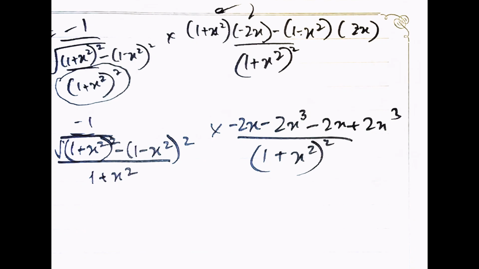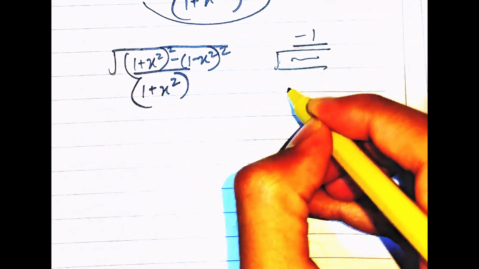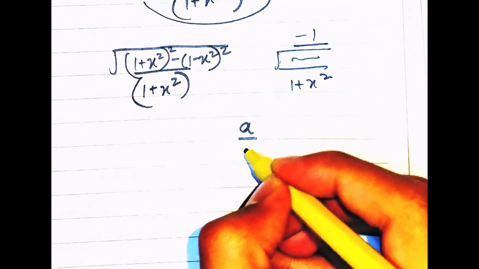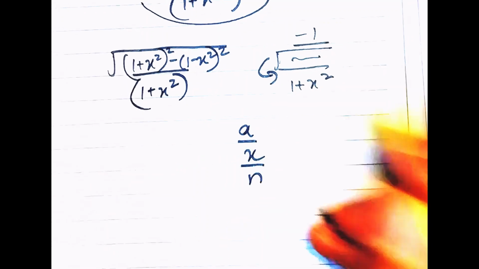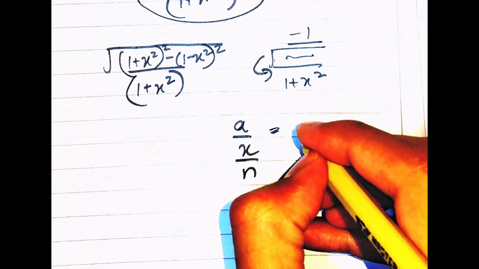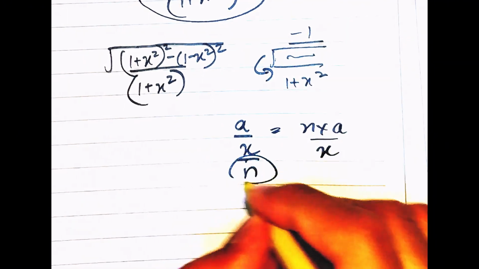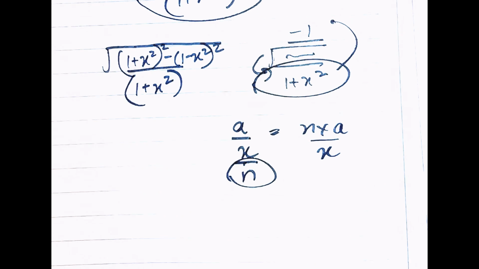Now this thing right over here is in the form of minus 1 divided by something right over here divided by 1 plus x squared, right? And if you see, we have a over x over n. It is the denominator of the denominator, right? And when we have something in the denominator of something, we have to move it into the numerator. So it would be n multiplied by a over x. So this n right over here represents our 1 plus x squared. So we are going to move it into the numerator.